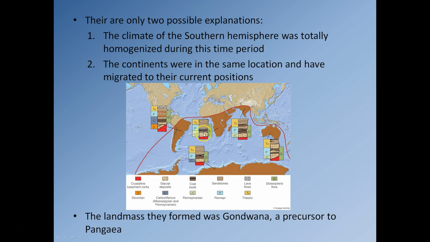Now, then we have these coal deposits, and that suggests all of a sudden Gondwana is in a relatively warm, relatively humid environment. And that would suggest that it goes from this South Pole environment and it begins to migrate towards the equator, and as it approaches the equator, the climate becomes much warmer and a lot more humid, and then all of a sudden you have the correct environment for beginning to form these coal beds.